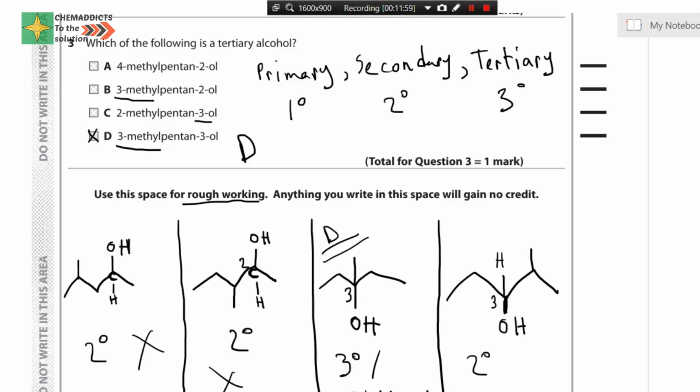So the 3-degree alcohol is option D, 3-methylpentan-3-ol. So this is the tertiary alcohol. Tertiary or 3-degree alcohol, either of them will do. So option D is the tertiary or 3-degree alcohol.